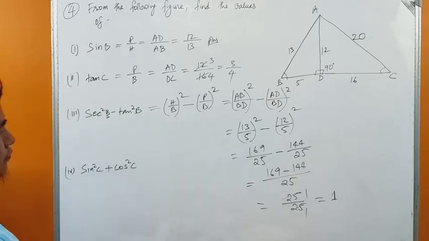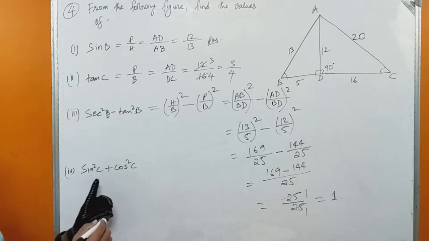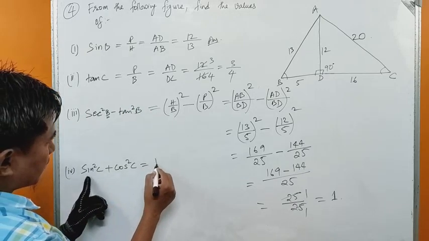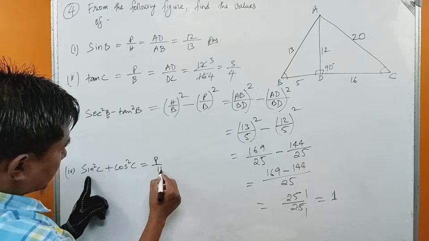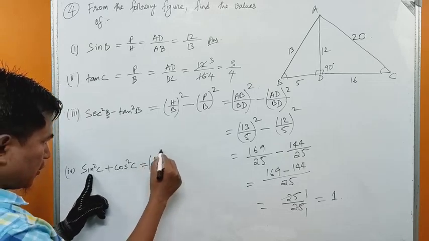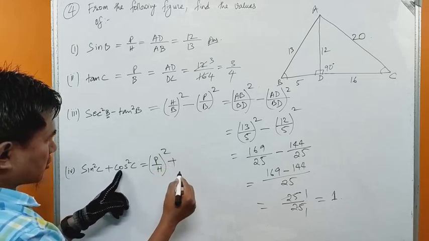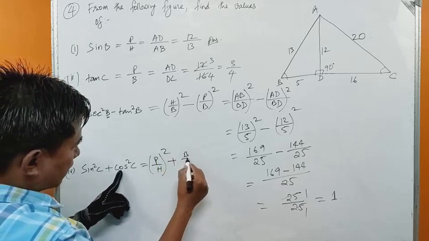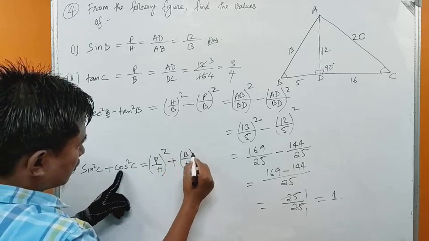Now let us do question number 4. Sin square C plus cos square C. Sin theta is perpendicular upon hypotenuse, whole squared, plus cos theta is base upon hypotenuse, whole squared.